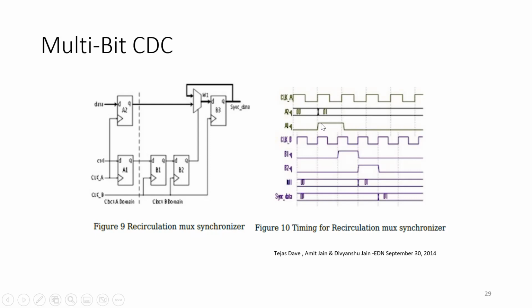I have this coming out, and on the B clock, this will go high, and B2 will assert it to be high. So I have next my data here. This is a multiplexer. What does it do?